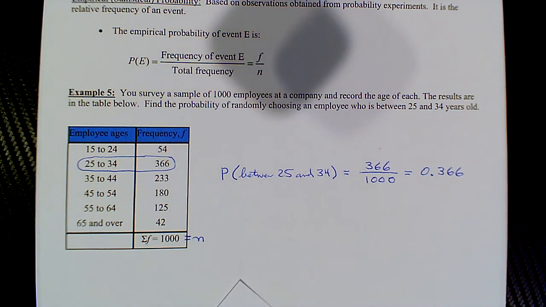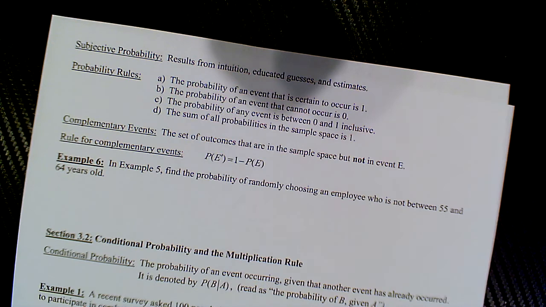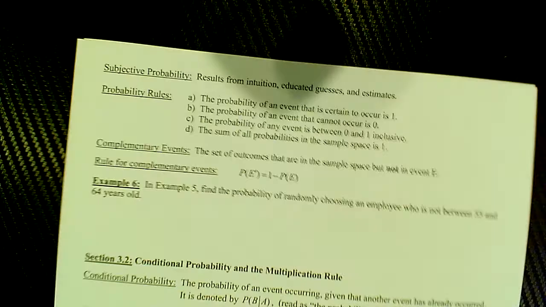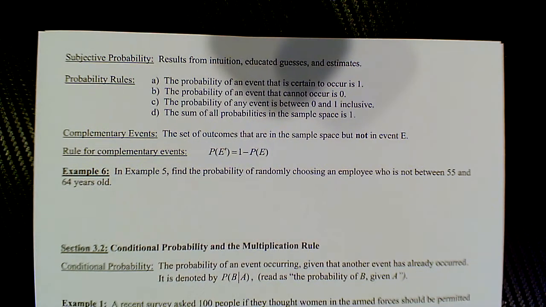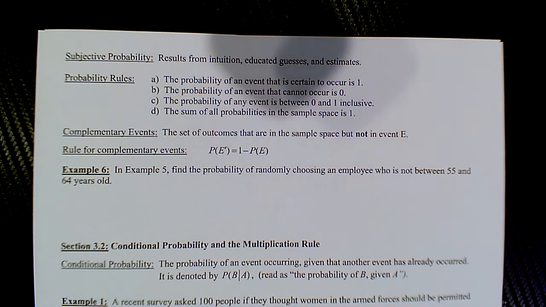Okay, and then the last concept in 3.1, besides the basic probability, success over total, is subjective probability. And that's results from intuition, educated guesses, and estimates.